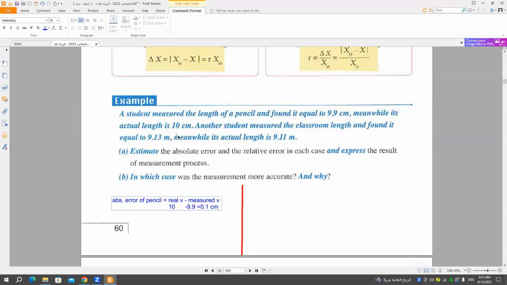Because the absolute error has the same measuring unit as the physical quantity: 0.1 centimeter.